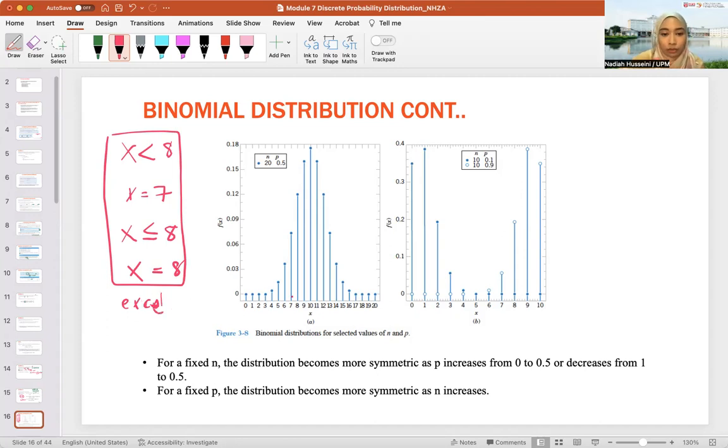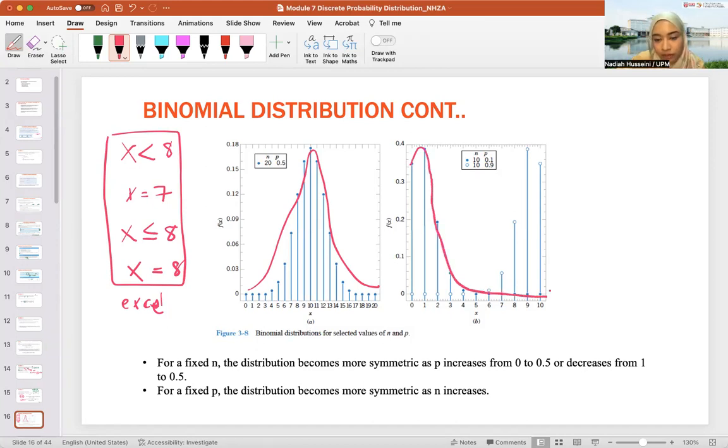Okay. All right. So this is binomial distribution for selected values of n and p. Here we have n of 20 trials and the probability is 0.5. As you can see, with a probability of 0.5, the distribution is quite symmetrical and it looks nice, right? Whereas for the next graph, we have n as 10 trials with probability of 0.1. Our distribution looks like this.